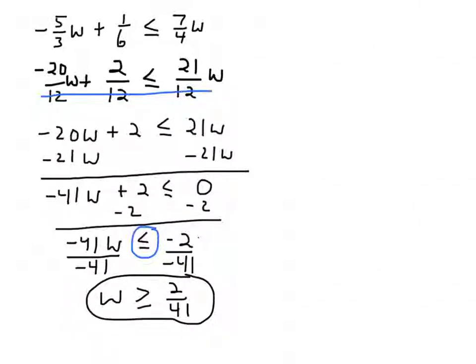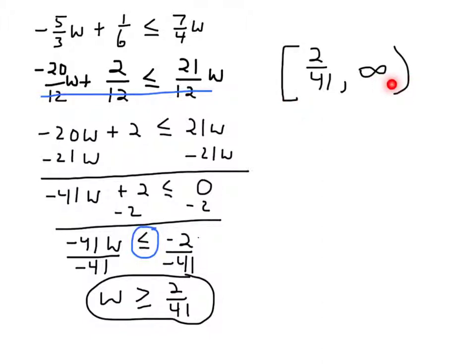Now the other ways we could write this answer is by using interval notation. So we could say 2 over 41 comma infinity. Notice I'm including the 2 over 41, so that's why there's a square bracket here, and all numbers greater, so right up to infinity.